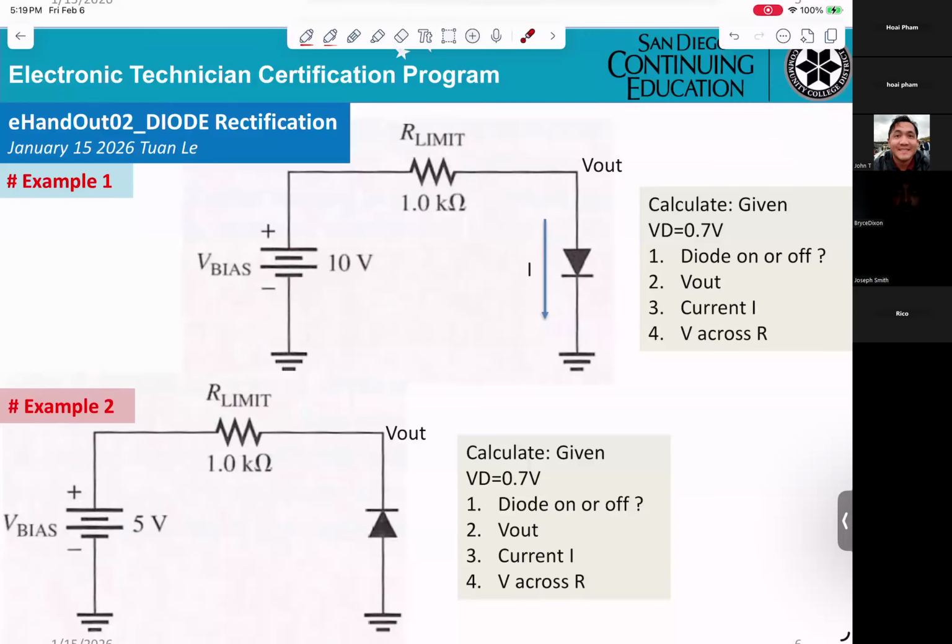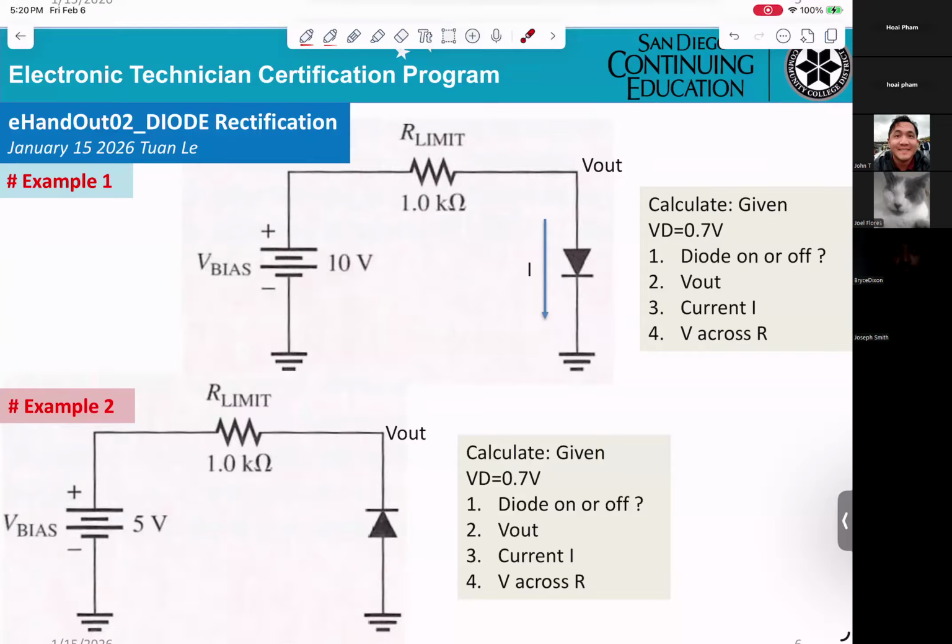Tell me. The diode, on or off? It's on. How do we know it's on? Because the current is going downwards. When you see that circuitry here, you have to know what the output is supposed to be.